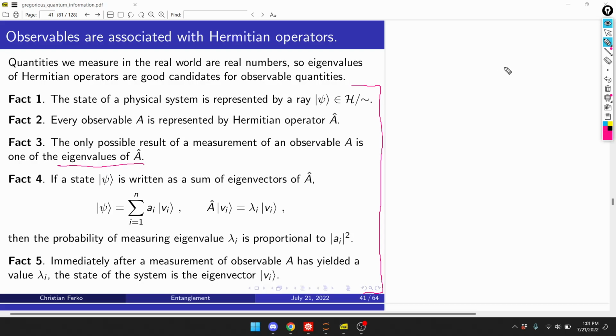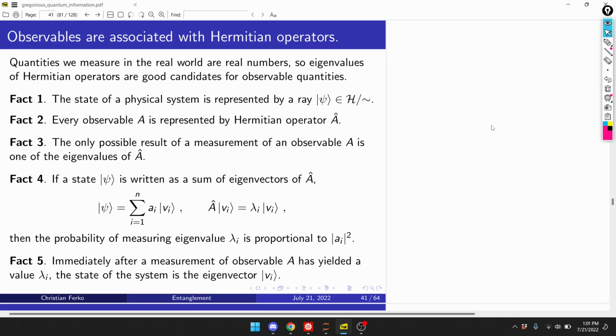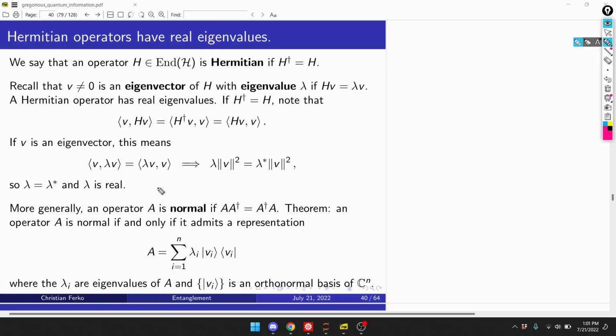Well, the answer is, if your quantum state is described by a ket psi, we recall from the previous slide with the spectral theorem that all Hermitian operators are normal, and as normal operators, A admits a representation of this form, which in particular means that its eigenvectors are an orthonormal basis of Cn.